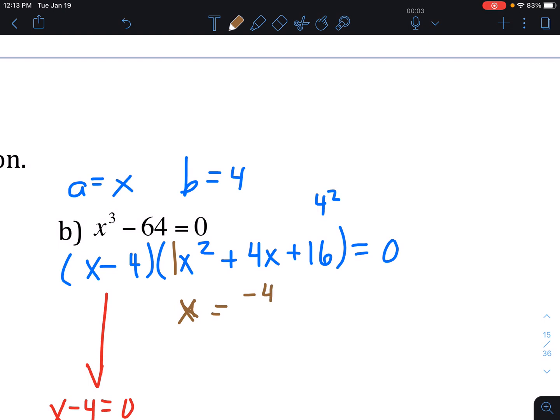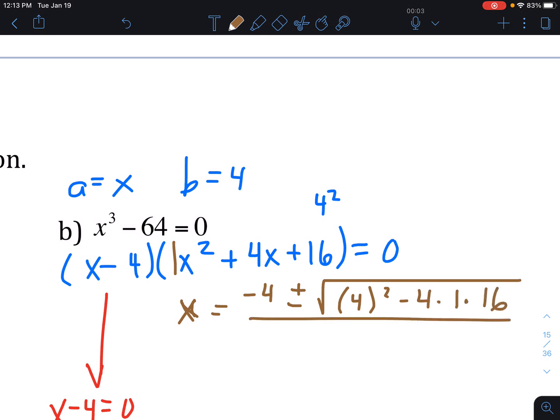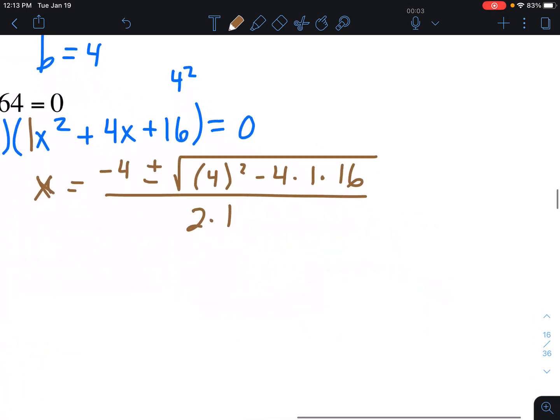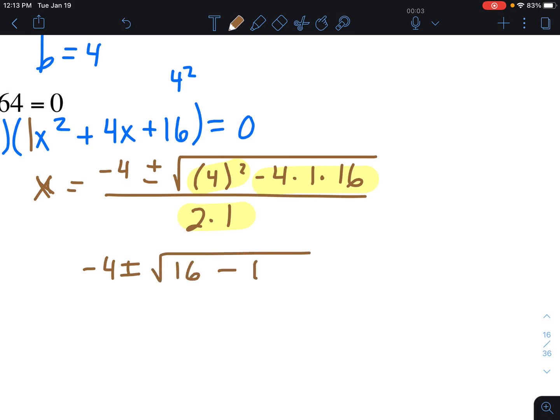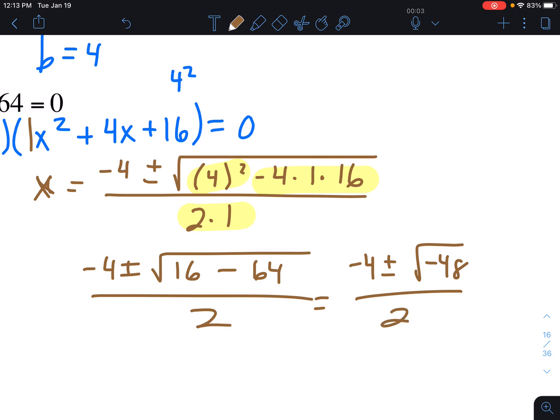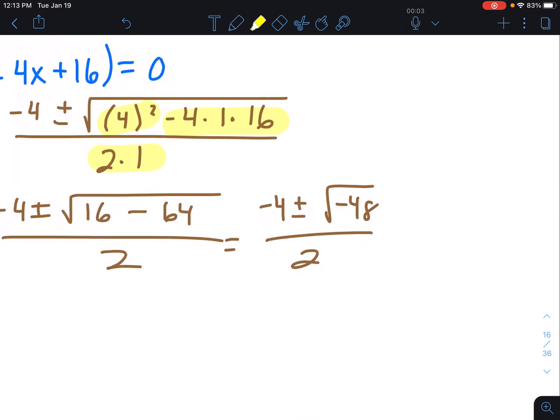So negative b plus minus the square root of 4 squared minus 4 times a times c divided by 2 times a. We're going to multiply 1, 2, 3 times. 4 squared gets 16, then minus 4 times 1 times 16 is 64. And then in the radical, it'll become the square root of 16 minus 64 is negative 48. So we got a negative here.